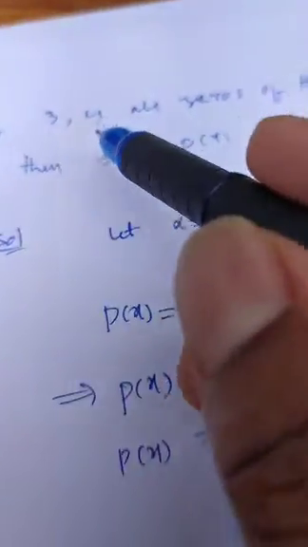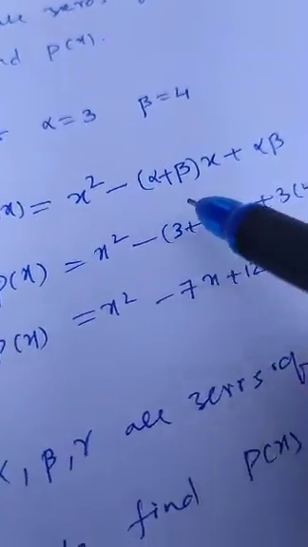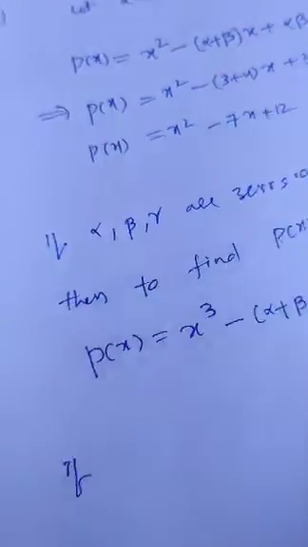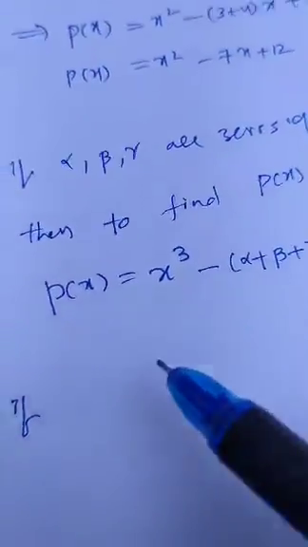And one more thing, sometimes he will give the sum of the zeros and the product of the zeros directly. He will not give it like 3, 4 are two zeros of the polynomial. He will give directly the sum of the zeros, alpha plus beta, and the product, alpha beta. Then you can directly substitute the values in the formula and you will get the polynomial.